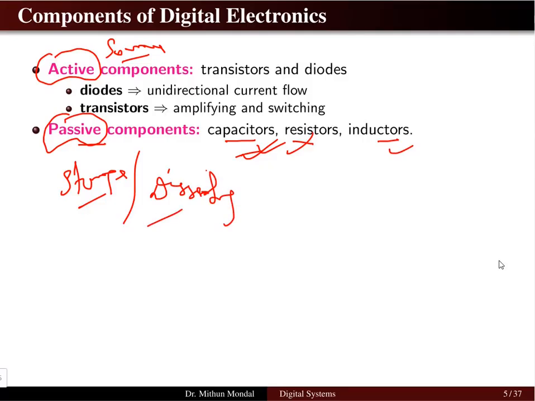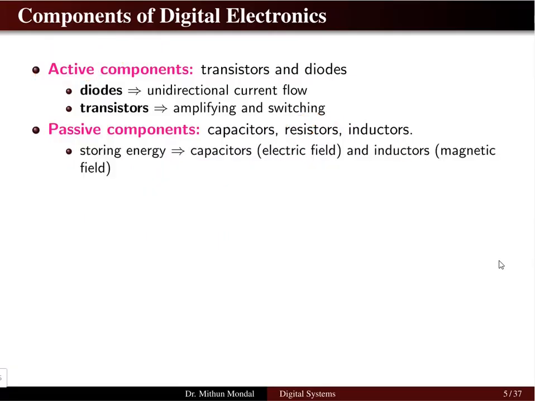Dissipating elements are the resistors, where you have the power loss. All the power loss is involved in the resistors. Capacitors and inductors are energy storage elements in the electric field and the magnetic field. Capacitors store energy in the electric field, whereas inductors store energy in the magnetic field. They are the passive elements, whereas the resistors are the energy dissipating elements which result in power loss.